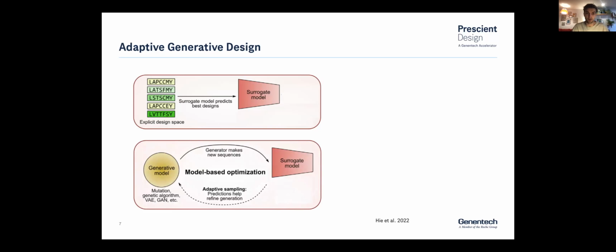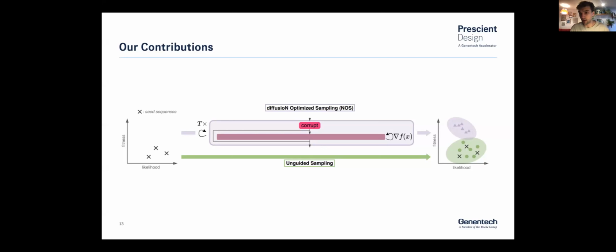Once you sample a lot around the neighborhood of those seed sequences, you can then just take the best points and return those. What our method is going to do instead is directly generate things that are both good in the neighborhood of what we started with, but also improved in their fitness values. This is going to be our method called NOS, for guided sampling.